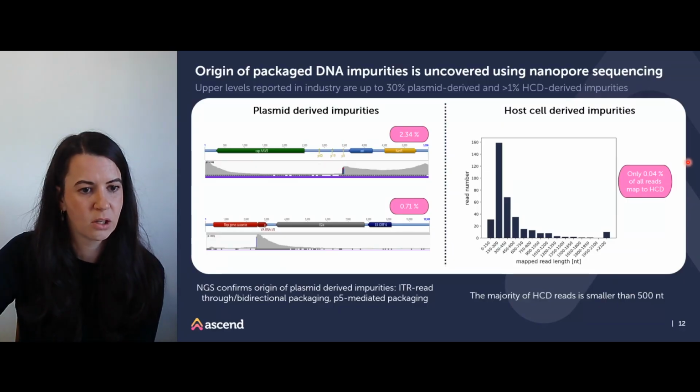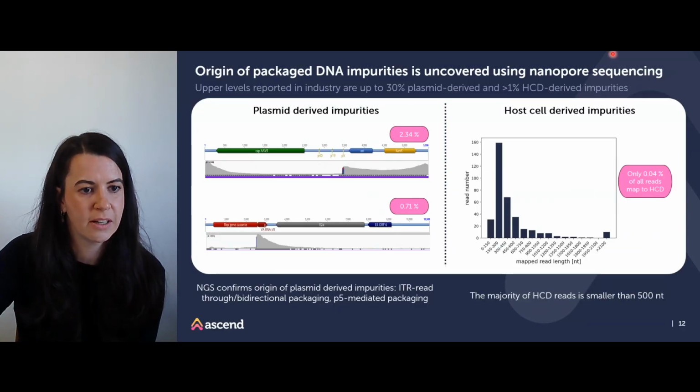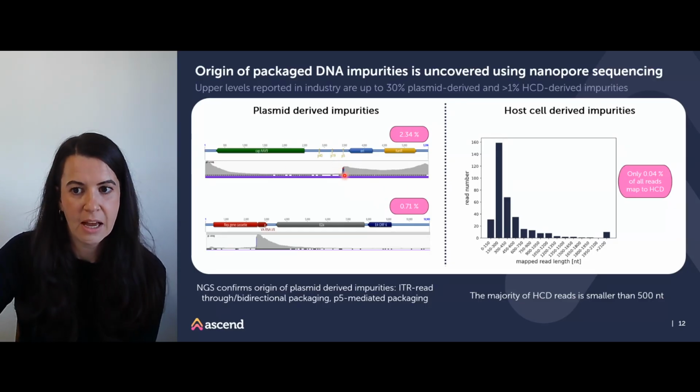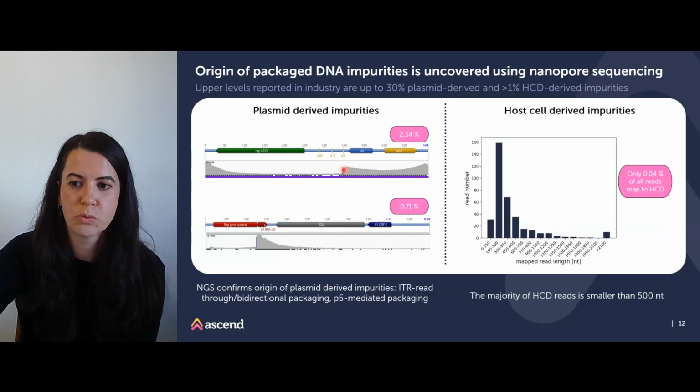So having a closer look at the plasmid-derived impurities, we are able to uncover the starting points of these impurities. And the transgene plasmid backbone impurities as well as the helper plasmid impurities show a P5 promoter-mediated reverse packaging.